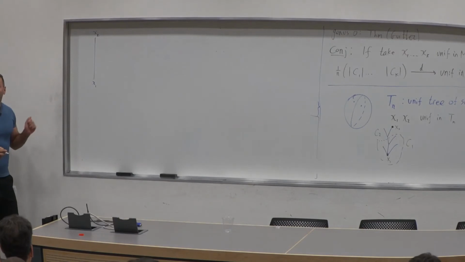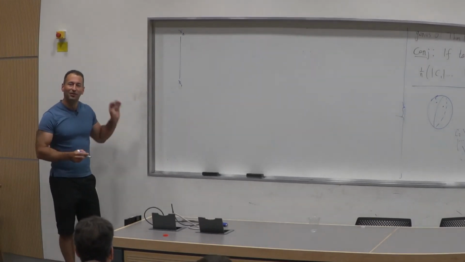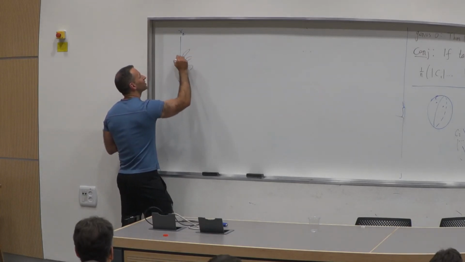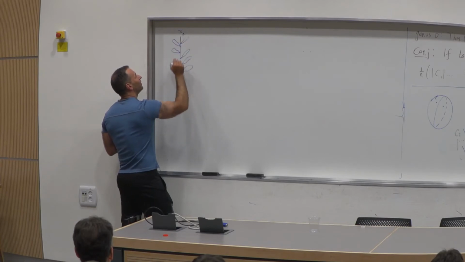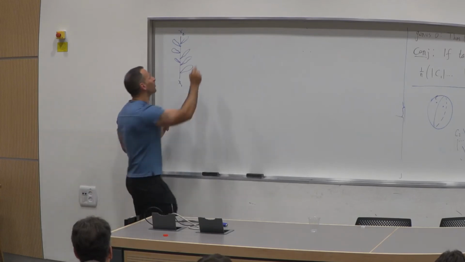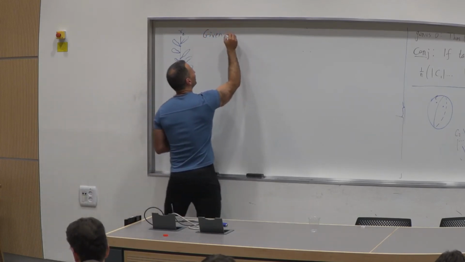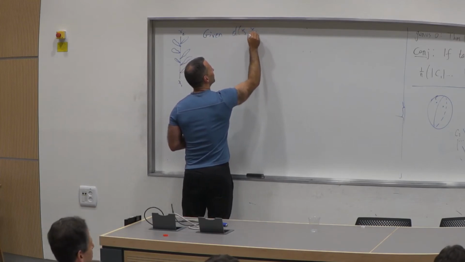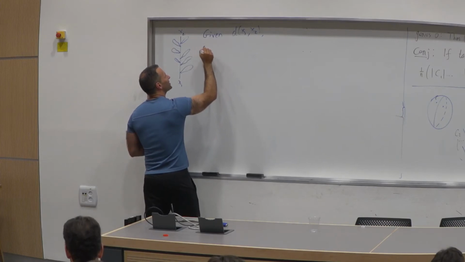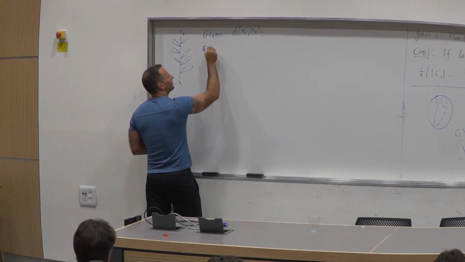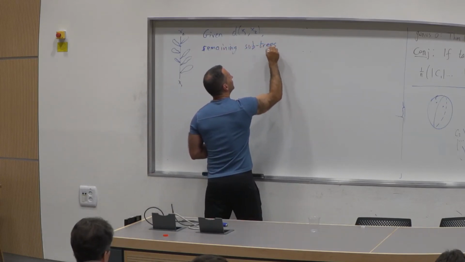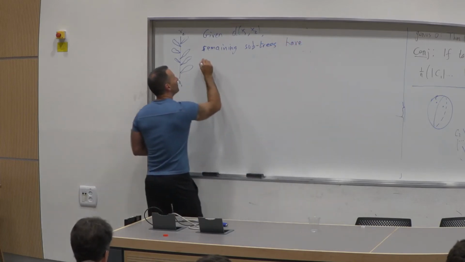So we have x1 and x2, which are the 2 uniform points. And we have some subtrees attached on top of this. I'll draw them like this. Here are some facts that I will state. Given the distance between x1 and x2, the remaining subtrees have some masses.